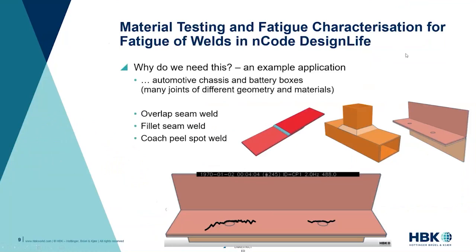We will look at some different weld test specimen geometries, overlap seam weld, fillet seam weld, and coach peel spot weld, why these different geometries are needed, and how they are fatigue tested.